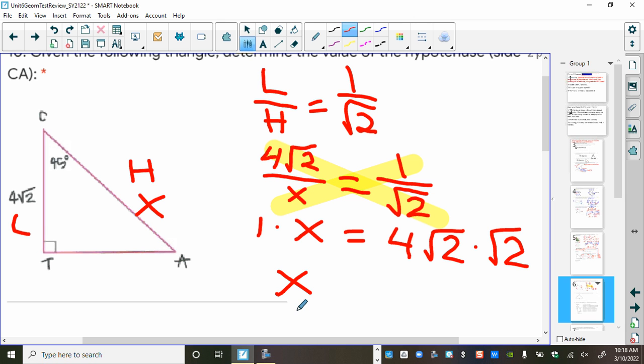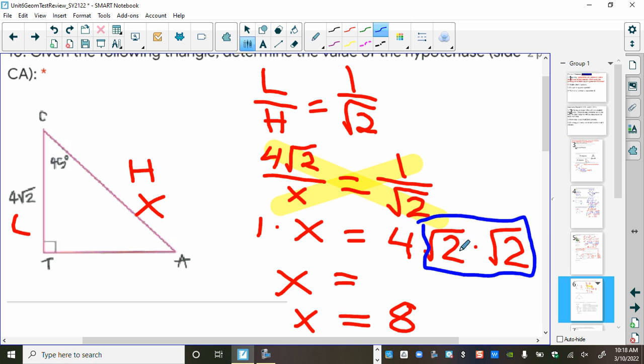Des said in the end, the X is going to be 8. And she's right, because when we multiply these two square roots of 2 together, what does this just become?